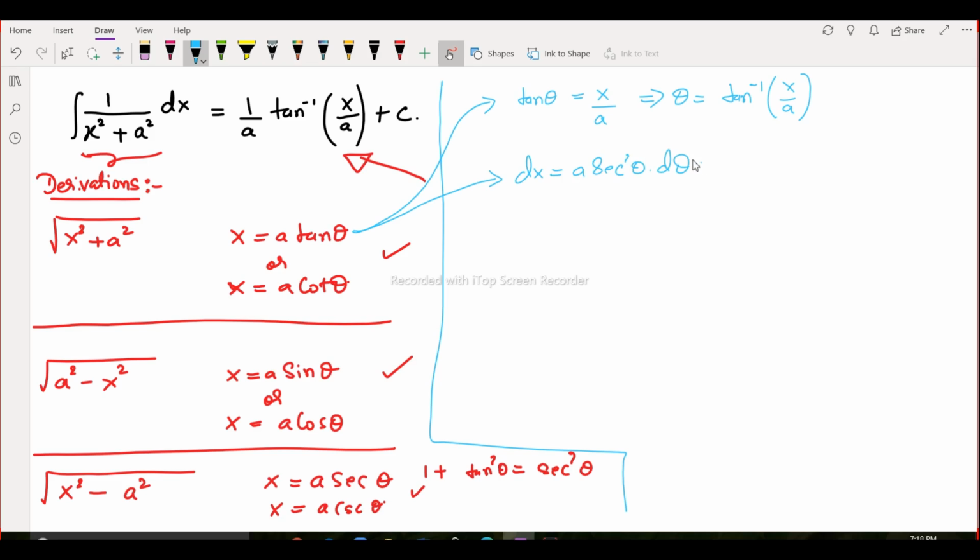Now let's substitute in the integral. We have I is equal to the integration of, for dx, a sec square theta d theta, and for x we are writing a tan theta, so this will be a tan theta the whole square plus a square, right? Now let's see the magic.